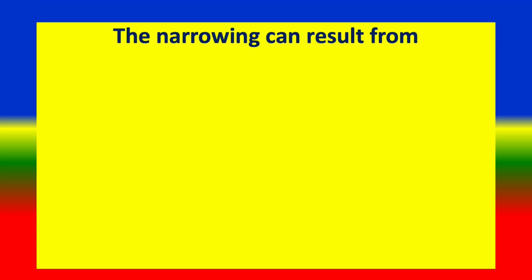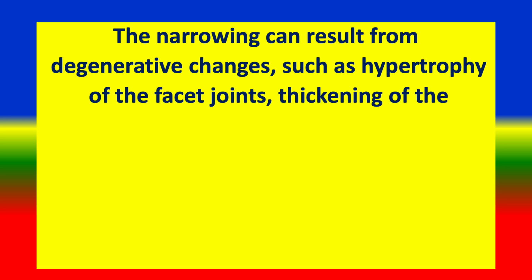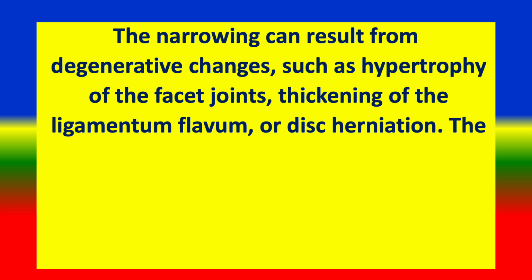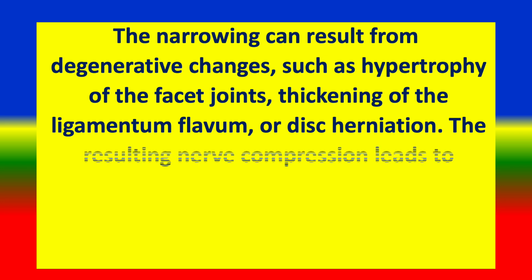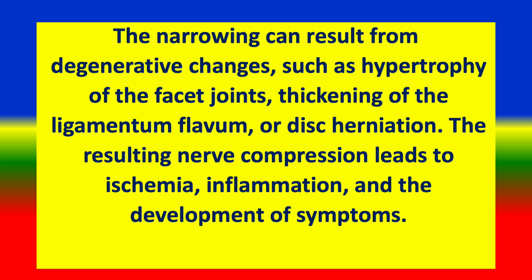The narrowing can result from degenerative changes such as hypertrophy of the facet joint, thickening of the ligamentum flavum, or disc herniation. The resulting nerve compression leads to ischemia, inflammation, and the development of symptoms.